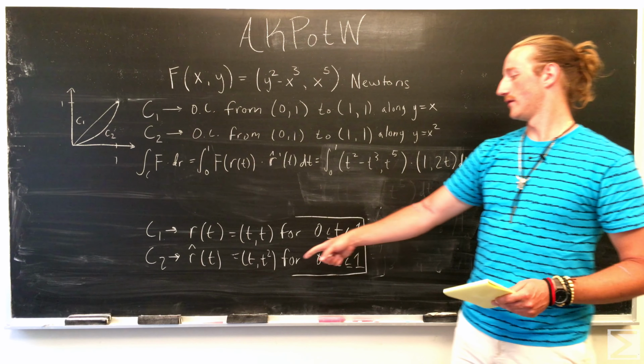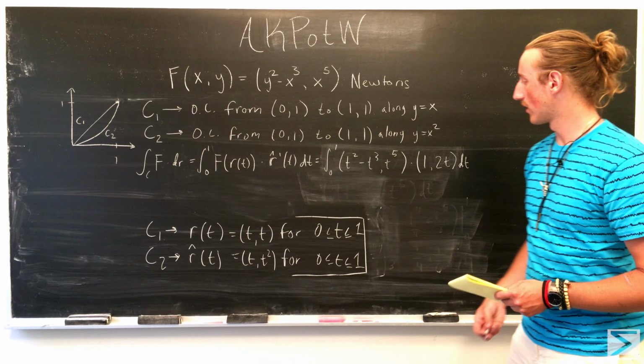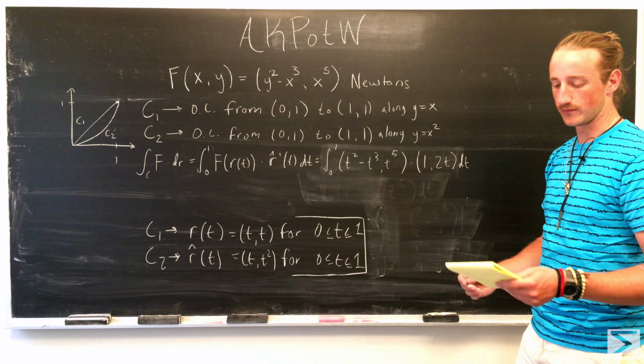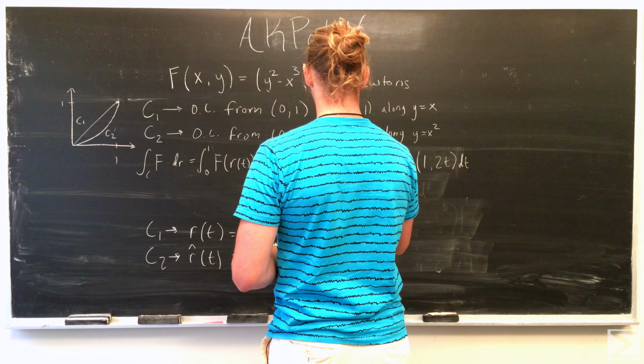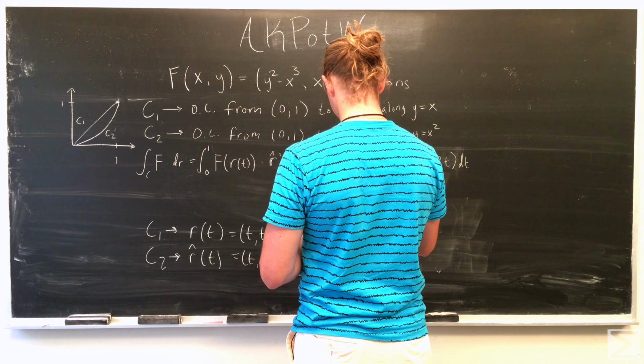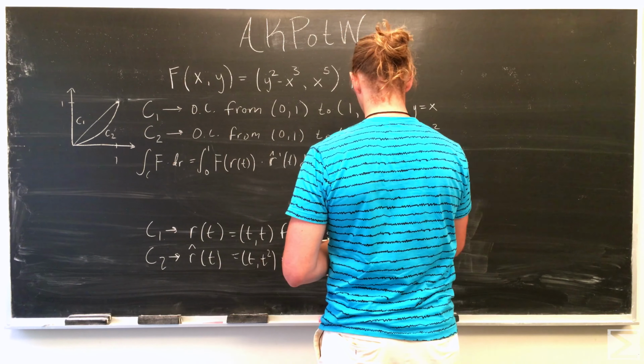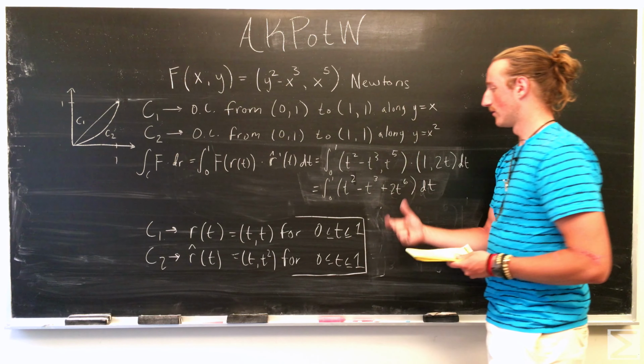The derivative of (t, t squared) is just (1, 2t).